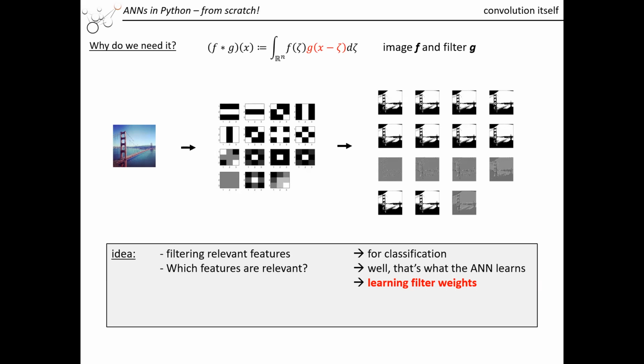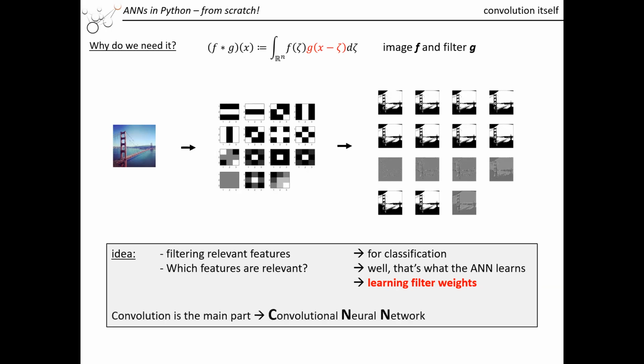So we don't know which features are relevant in the first place. We have no idea, and we do not use fixed values for the filters. We just start with random values and let the network decide which features are important for classification, and therefore it determines and optimizes the filter weights accordingly. So that's the whole idea.